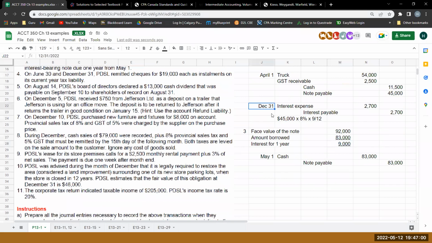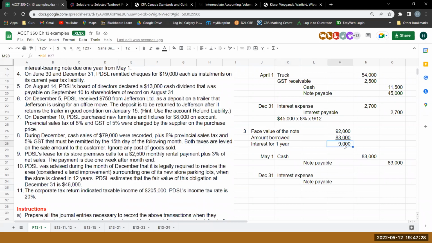So come December 31st, we're going to have to accrue interest on this note as well. And so that's done by debiting interest expense. And since we're not going to be paying interest separately, you can credit the note payable. Now, from the 1st of May to December 31st is 8 months.